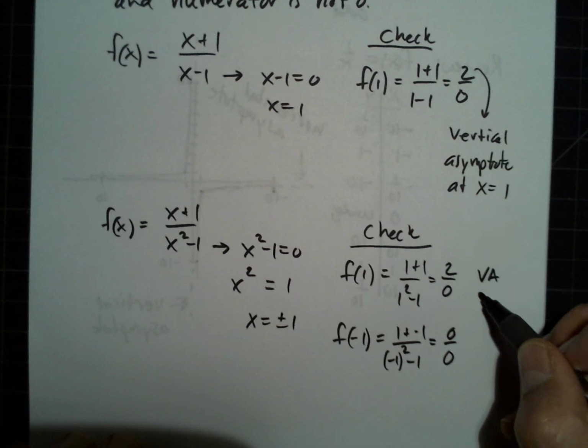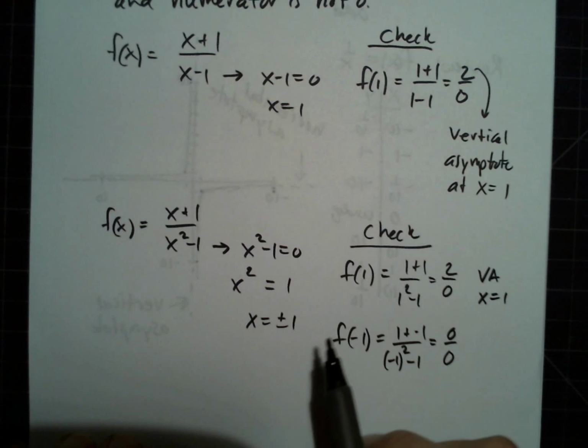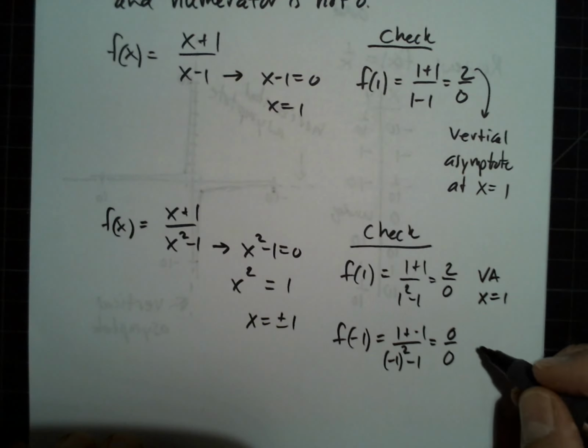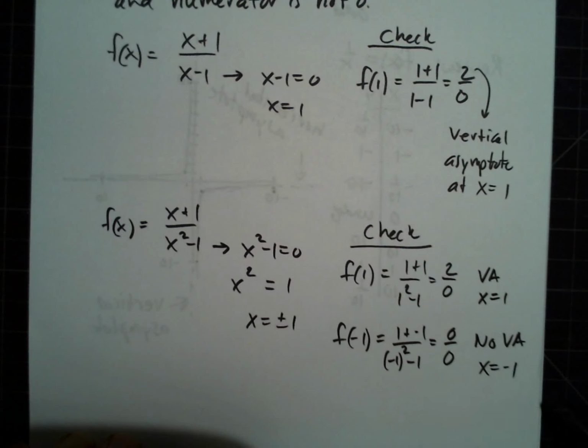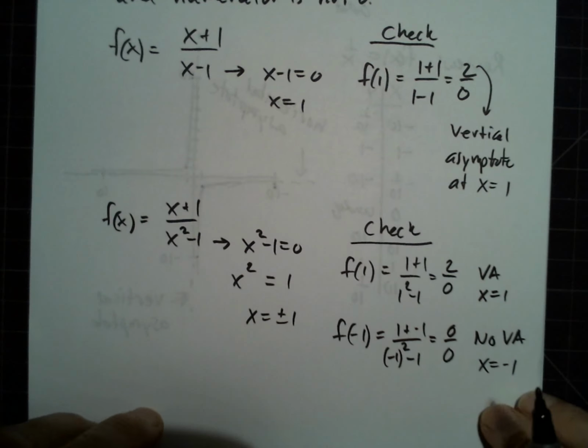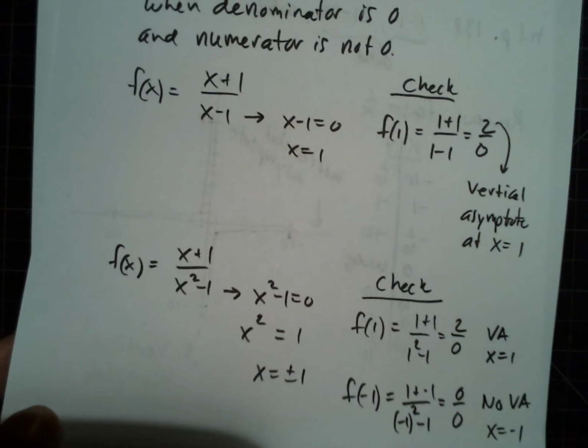Vertical asymptote at x equals 1, but no vertical asymptote at x equals negative 1. So that's how we find vertical asymptotes.